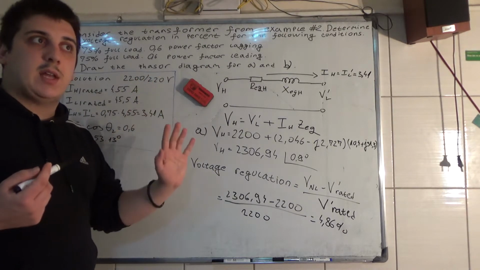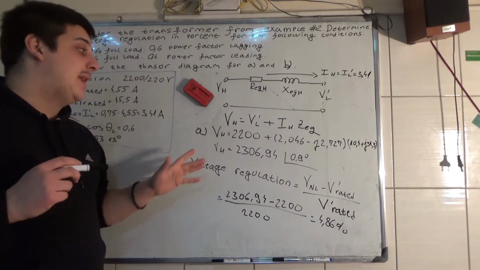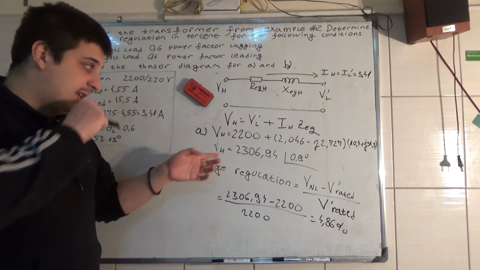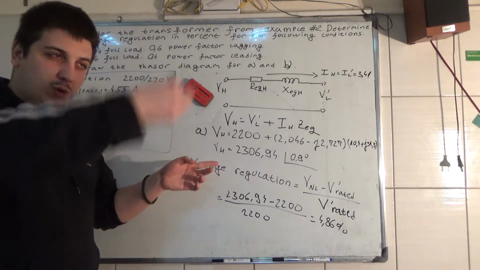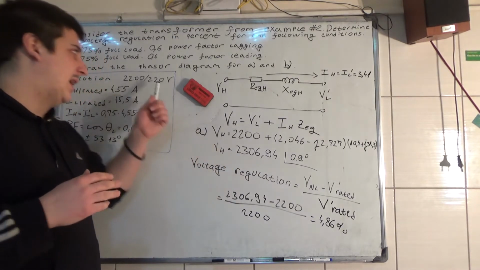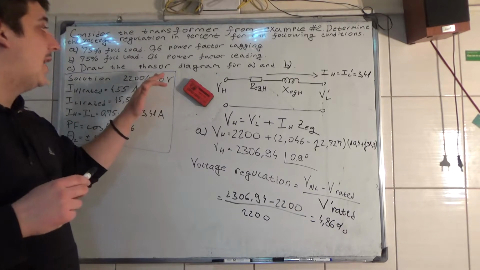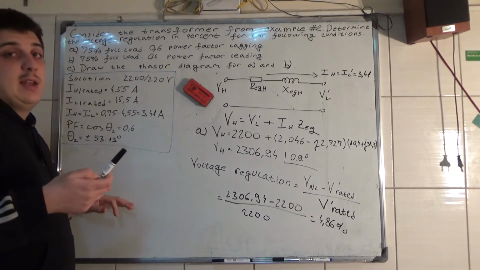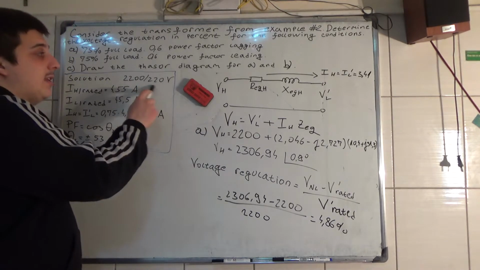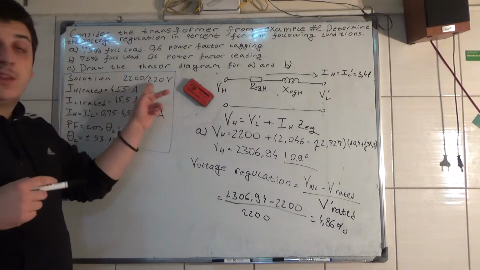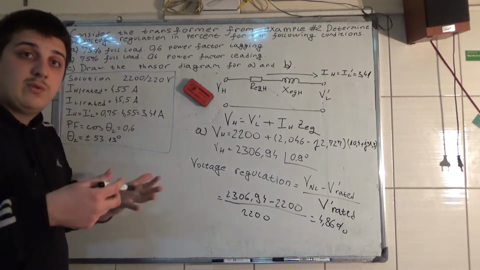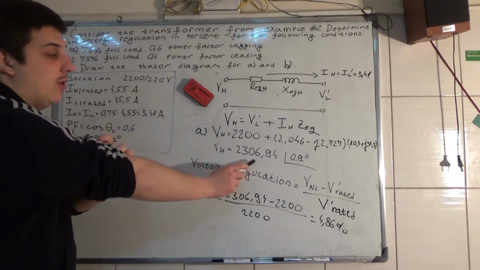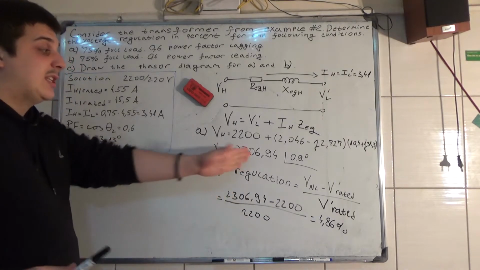Now, if you have a transformer and you bring the primary side to 2200 volts, on the secondary side where there is no load, then you will have this, but only 10 times less, because now this was referred to the primary side. So you divide it by 10, because the turns ratio is 10. Now on the secondary side, we don't get 220 volts. This is the rated voltage, but the no load voltage will be 230.694 volts.